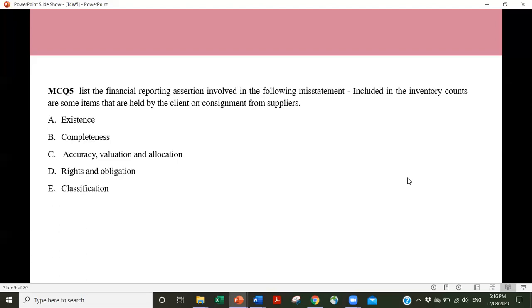And the last one is that the inventory counts include some items that are held on consignment from the suppliers. Okay. And again, all 5. The only assertion that you're not considering when you find these issues is presentation. So all 5 of those can be included.